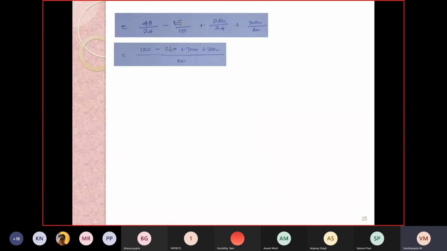By doing the simple calculation, we will get the value of f of 10 is equal to 14.66. Yes, please make a note.